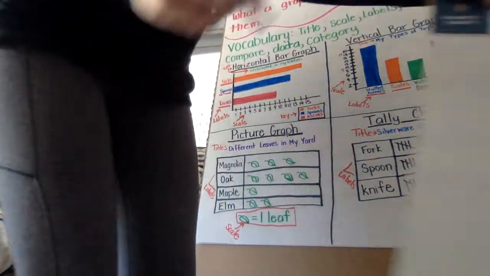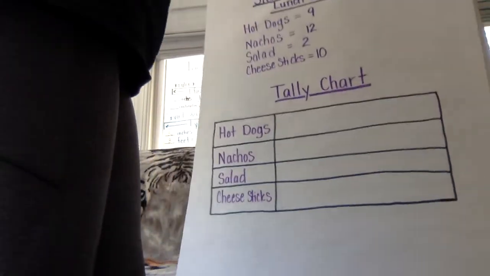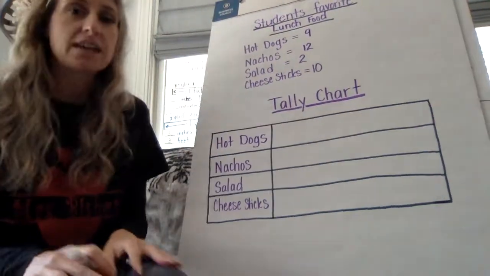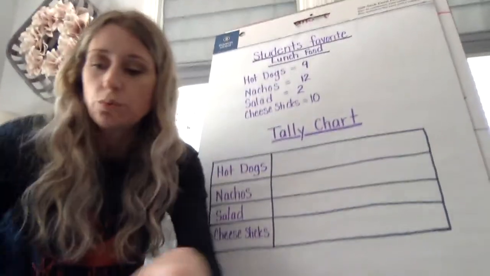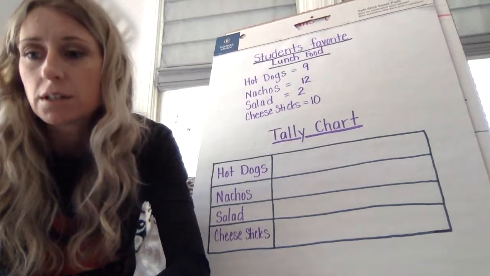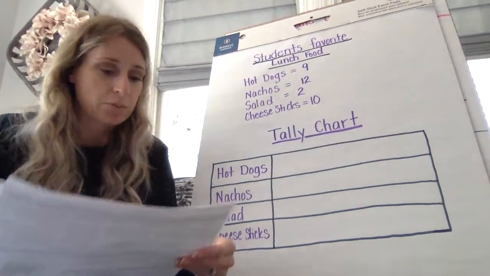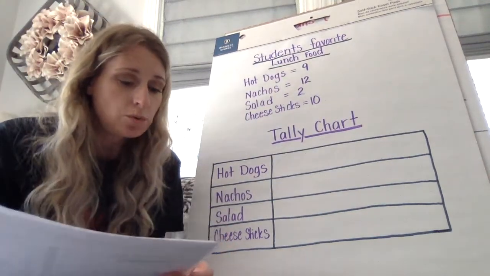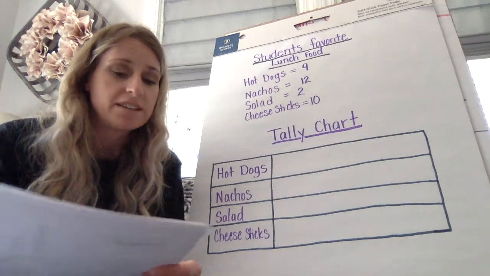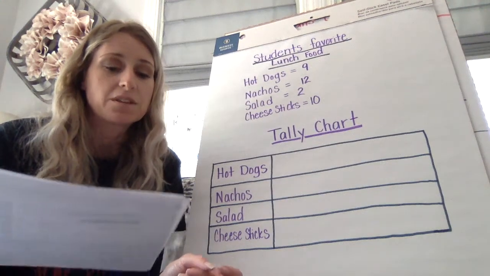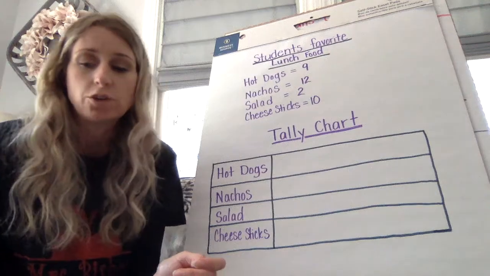Now, let's do an example together because I know in your work you need to create a tally chart using the data in the My Types of Toys bar graph in your packet.